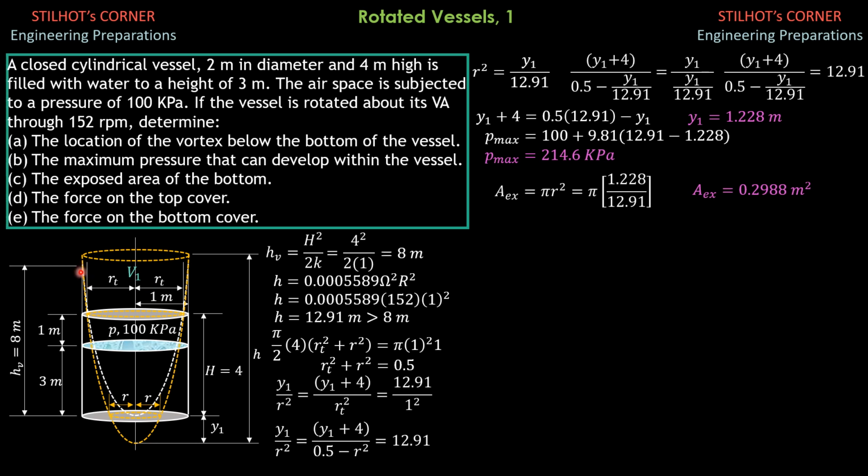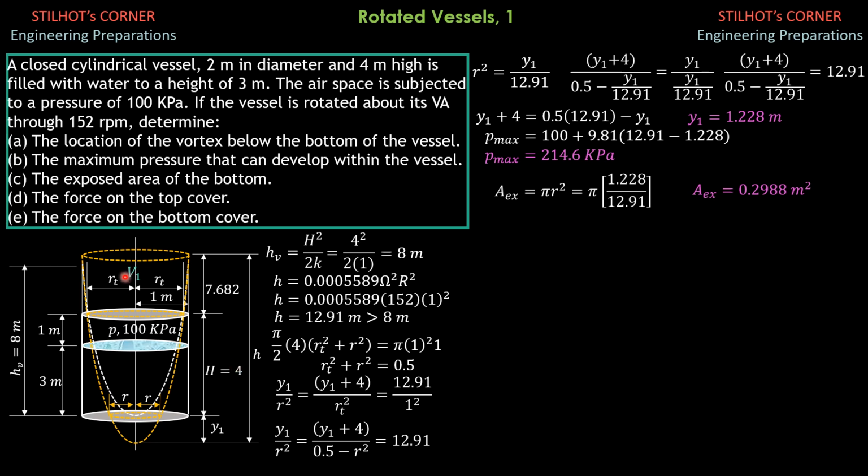So the volume above the top cover is equal to the volume of a right circular cylinder of this height. And this height, as I said, is 12.91 minus 1.228 minus 4.